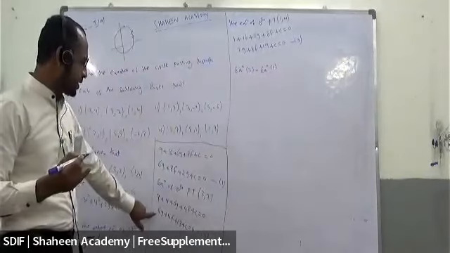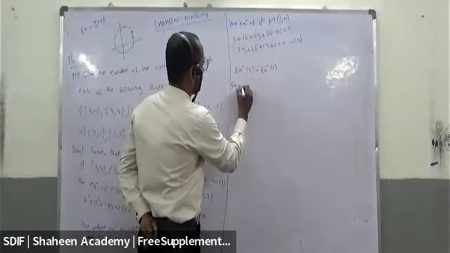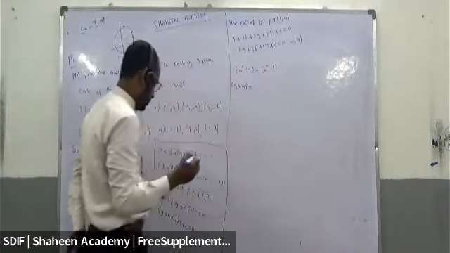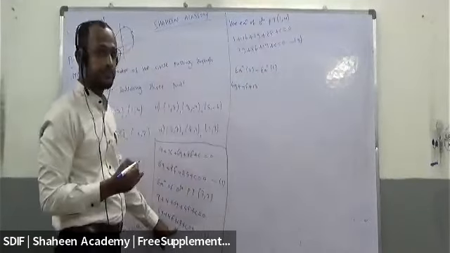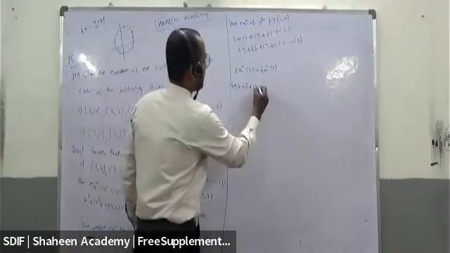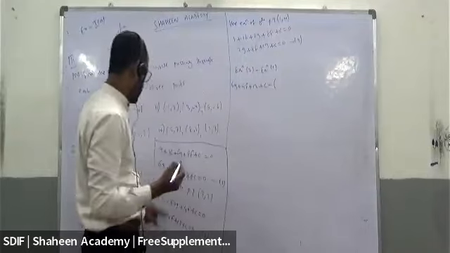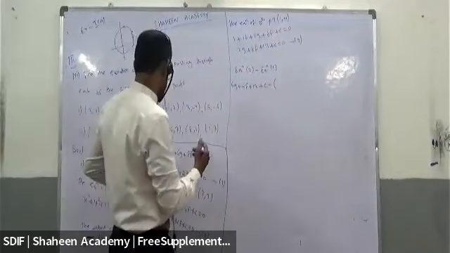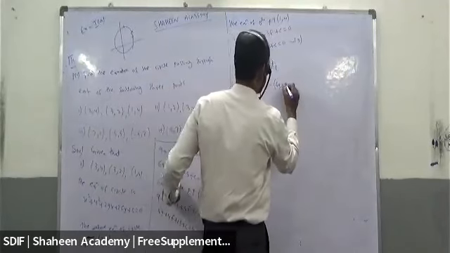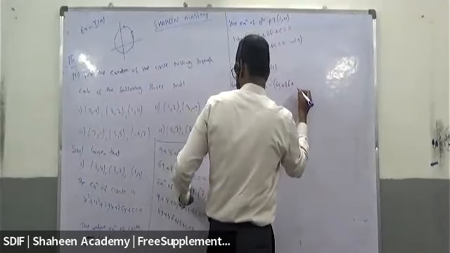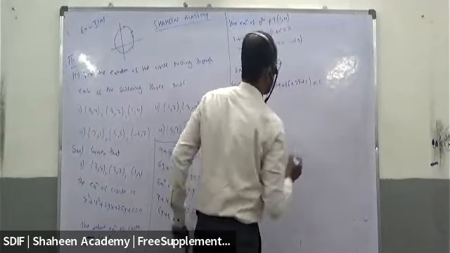What is equation 2? 6g plus 4f plus 13 plus c. This is our equation 2 minus equation 1. What is equation 1? 6g plus 8f plus 25 plus c is equal to 0.